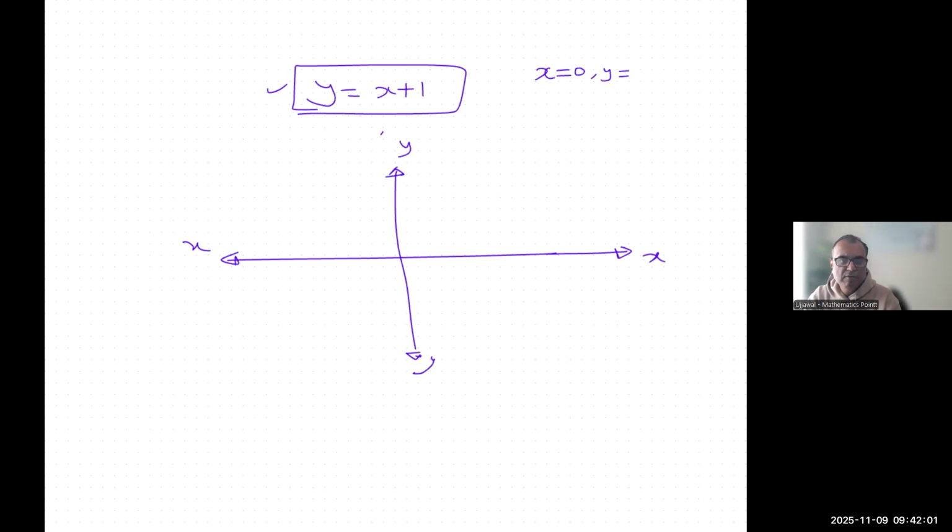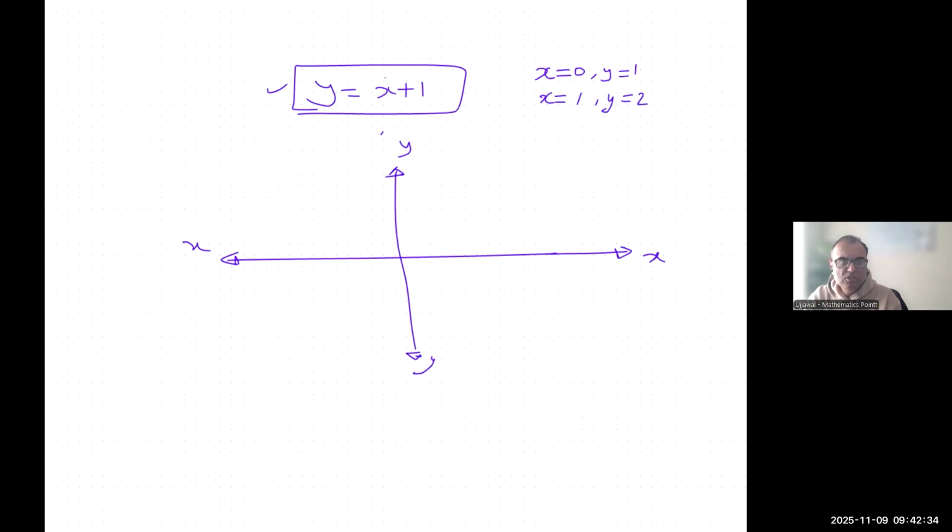X is 0, I'm plugging in 0 here. So 0 plus 1 will make it 1. So y is 1. Let's plug in x equals 1. What will be y? 2. Good.